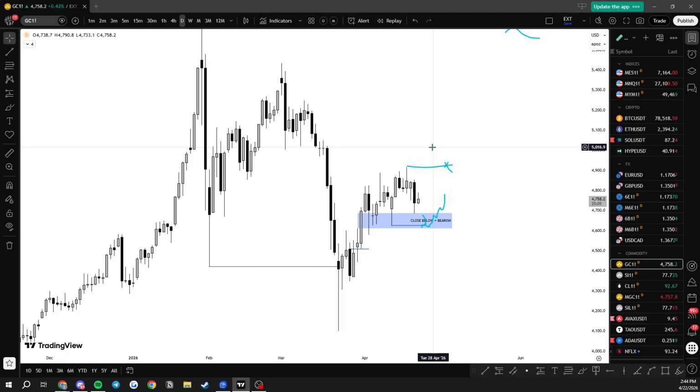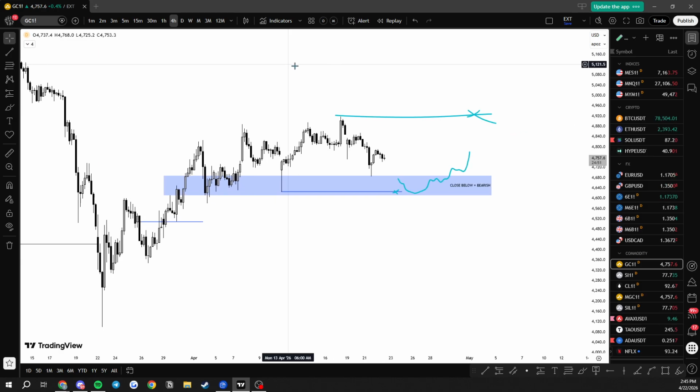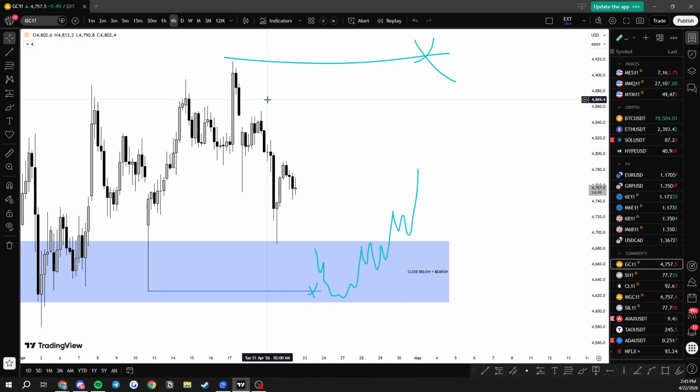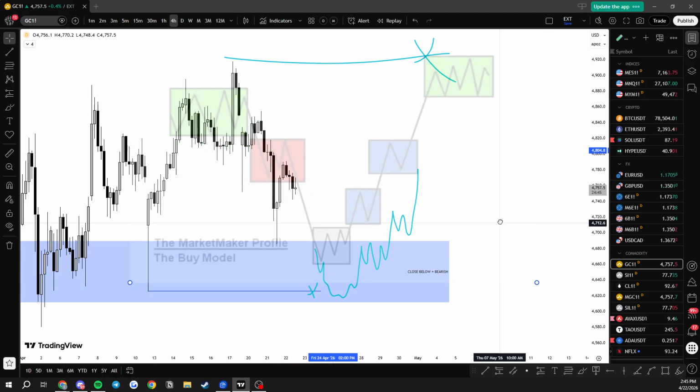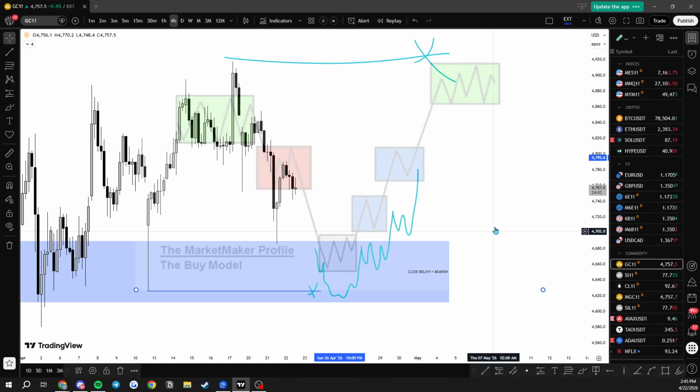Either we sweep the high, then we go for the low, then we start to get bullish, start looking for entries, or we sweep the lows and then we start to get bullish. So let's see what happens there. Because so far we're continuing to retrace lower, and I would expect something like this, right? Something like that.